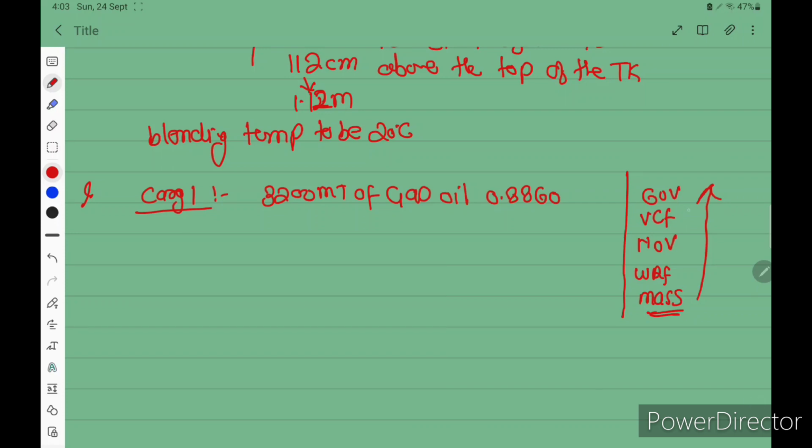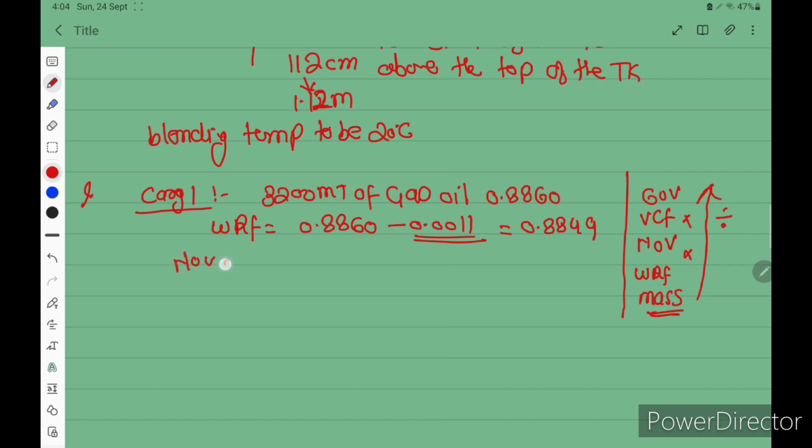When we come from top to down, we multiply. When we go from mass to gross observed volume, we have to divide. First we calculate the weight reduction factor. Weight reduction factor is equal to 0.8860 minus 0.0011. This 0.0011 is fixed. So we get 0.8849.